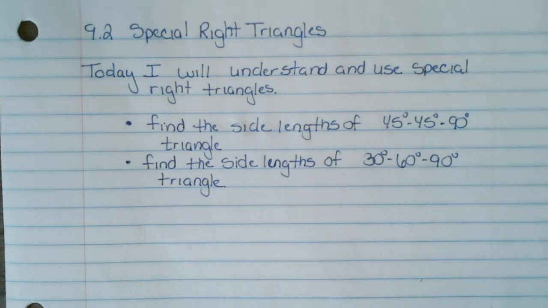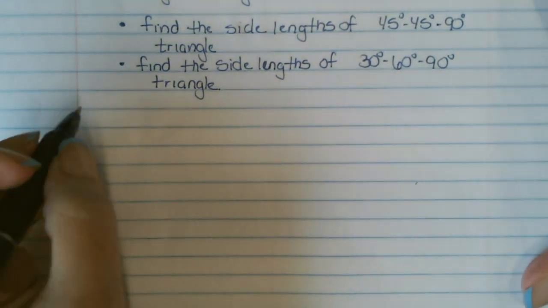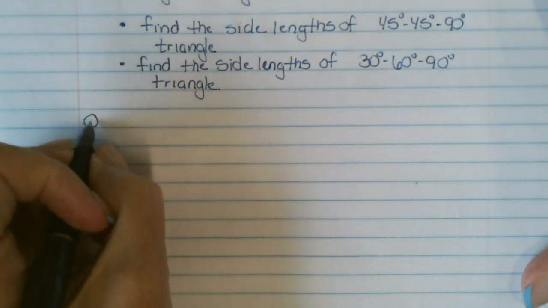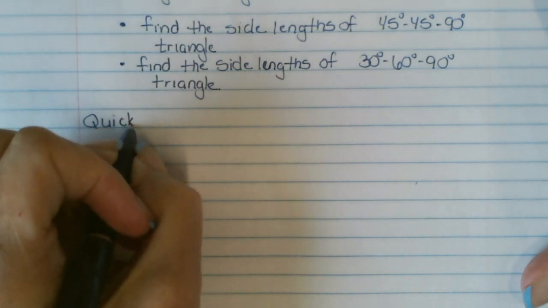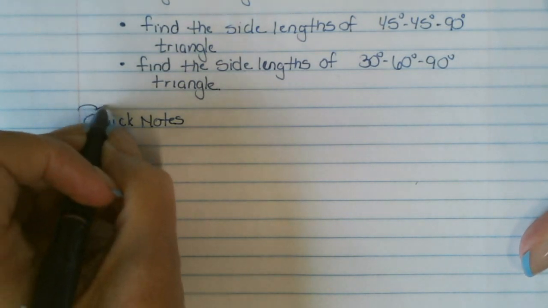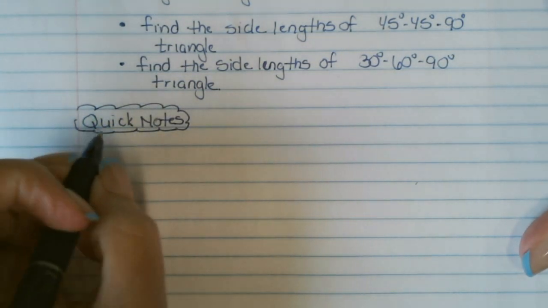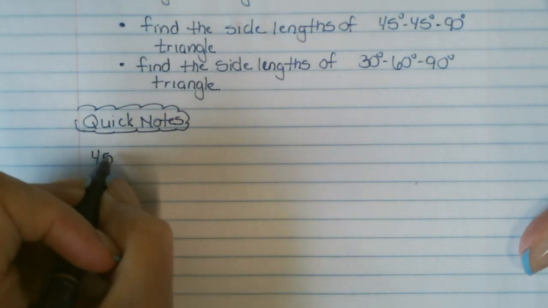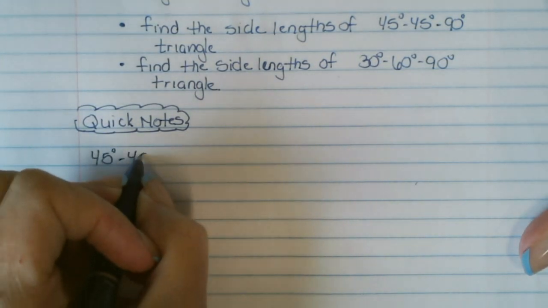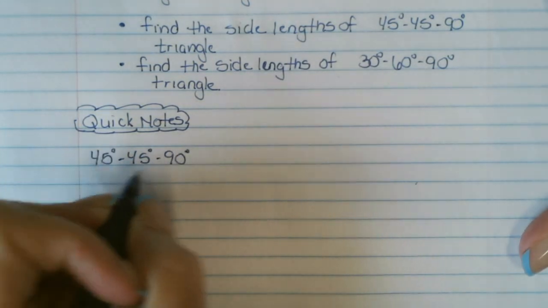There's a couple things. We're going to start with our quick notes here. Our first quick note is going to be the 45, 45, 90 triangle theorem.